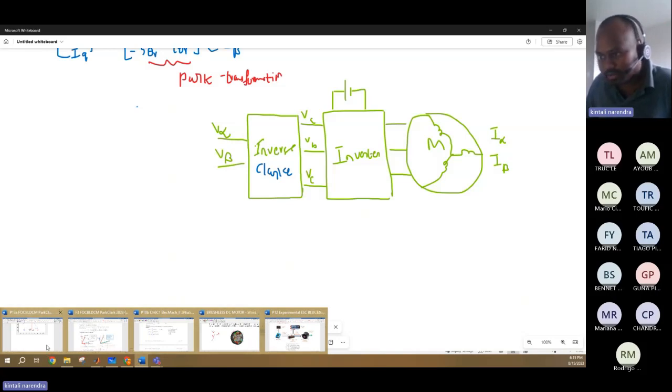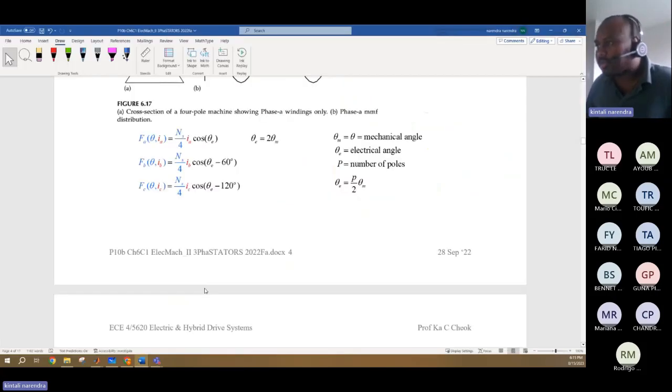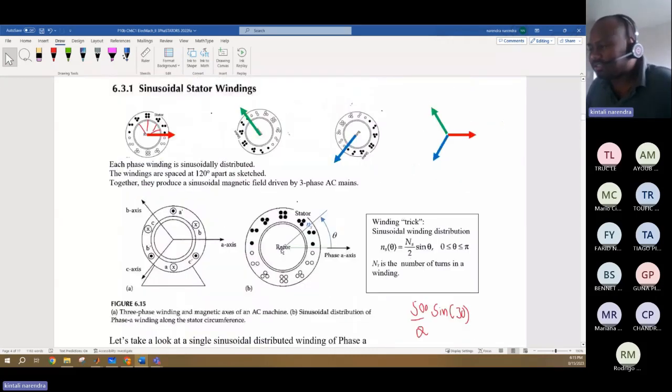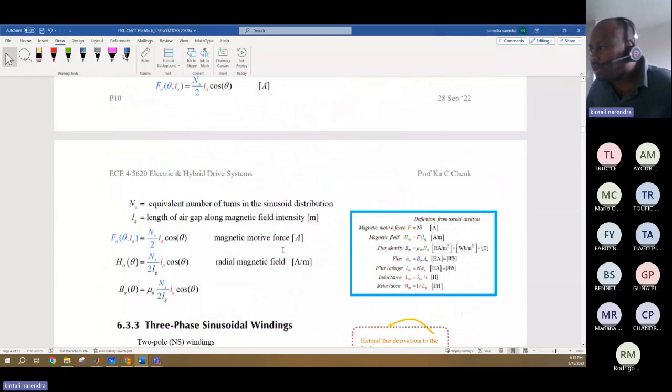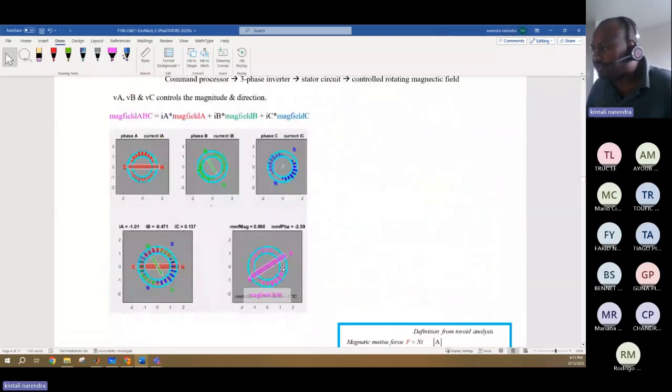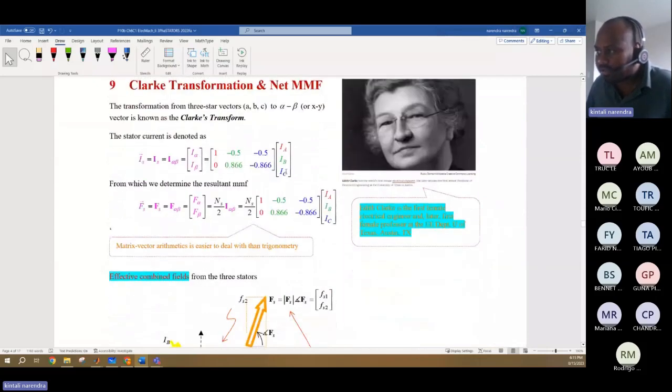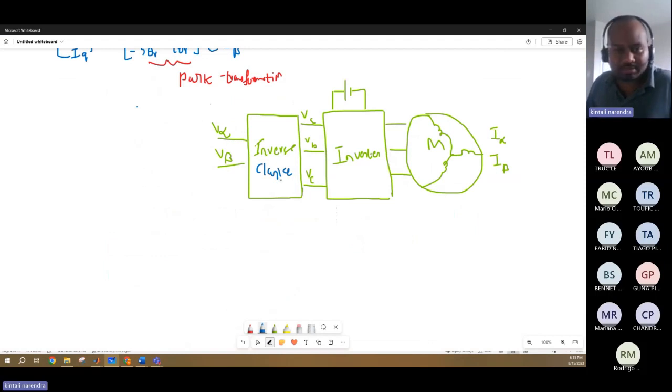You got confused; it's a small confusion. Don't worry. If you observe, to convert from three dimensions into two dimensions, we use Clark transformation. From two dimensions to three dimensions, we use inverse Clark transformation.